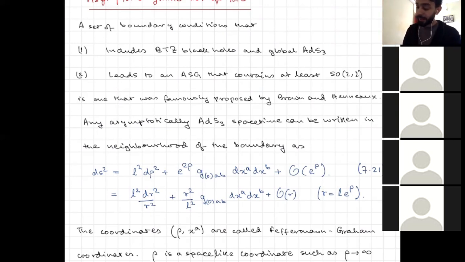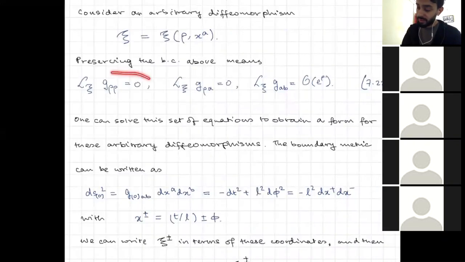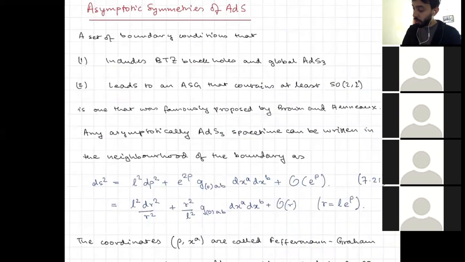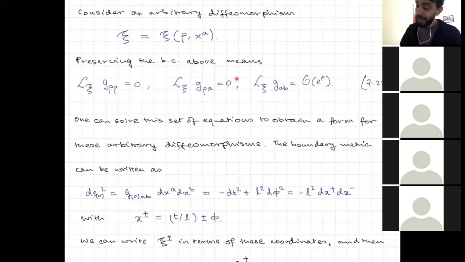As you can see, the rho squared piece has just a constant multiplying it, so that should not change. So this is just L_xi acting on g_rho rho equal to 0. The cross term g_rho A is not there, so that essentially means L_xi acting on g_rho A is equal to 0.